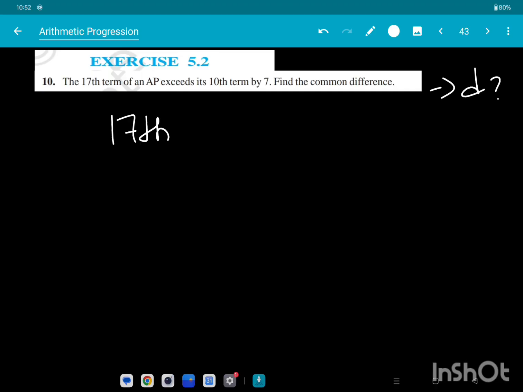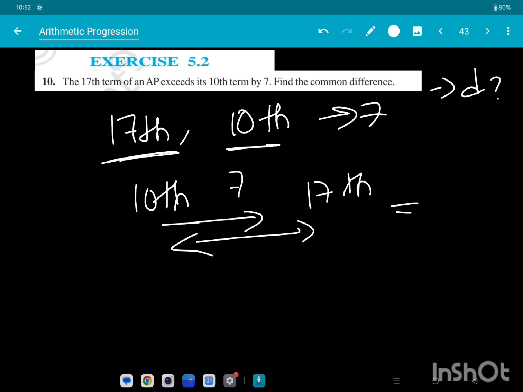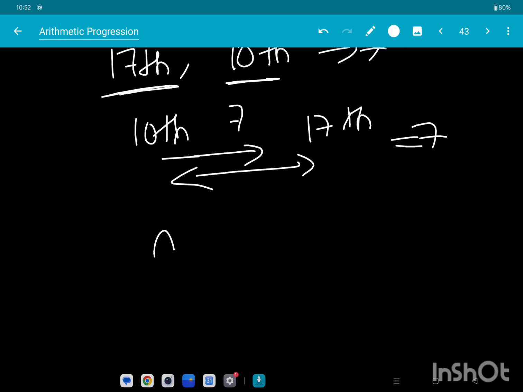Exceeds means it was more than the 10th term, which means here it was given the 17th term and the 10th term. So the difference between these two is 7, right? How much does it exceed? It is 7. So the difference between these two is 7. So I can write it as A17 minus A10 is equal to 7, right?